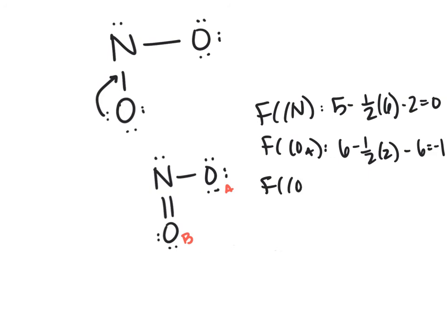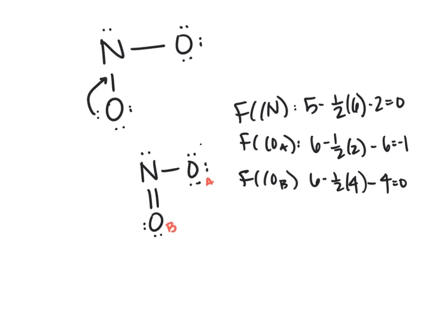And the formal charge of OB is 6 minus half of 4 minus 4, which is 0. So we end up with a negative charge on a single element, not more than one. We will talk in a later video about whether or not there's a difference between OA and OB.